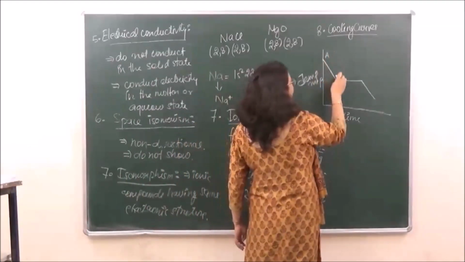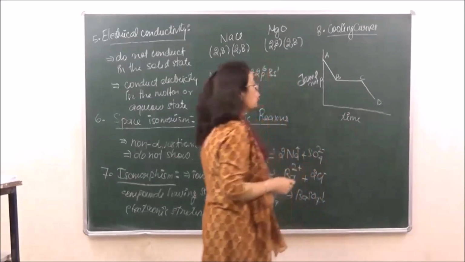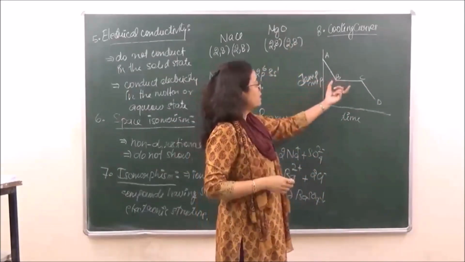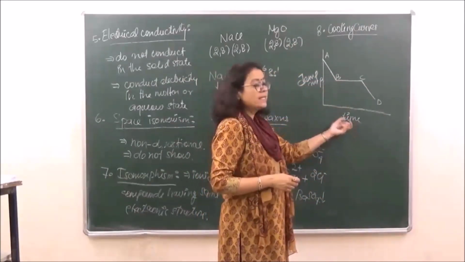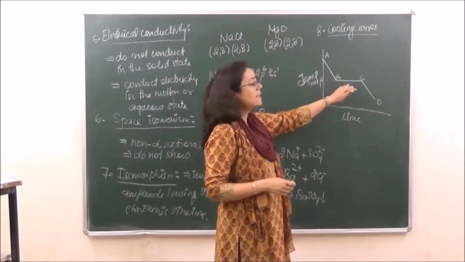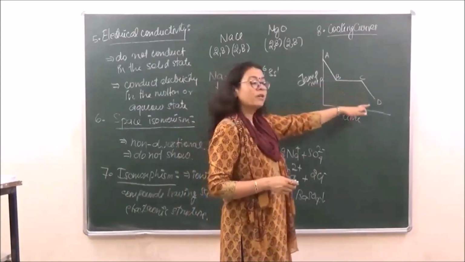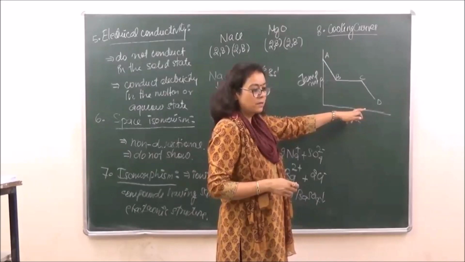You can see that it's not a smooth curve. If this is point A, this is point B, this is point C, and this is point D. At the constant temperature, for a little time the graph becomes a straight line, which means that till the entire melting point is obtained, no further cooling takes place.